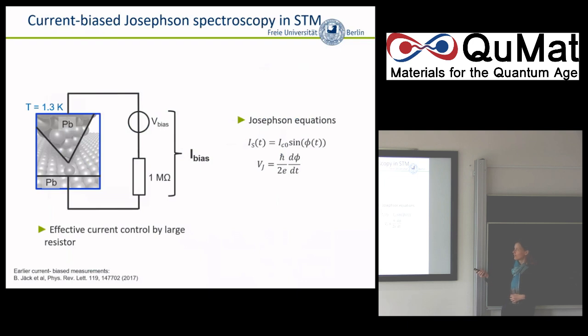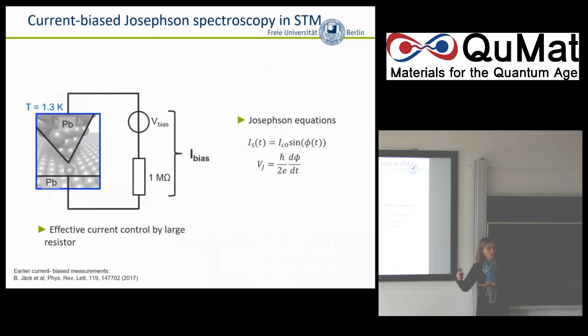So the supercurrent itself, here you have some critical current, but it's a sinusoidal function of the phase difference between these two condensates. But once you apply a voltage, you change this phase difference all the time. So you can't say anything about this phase dynamics of the Josephson junction, then you can't say anything about any kind of supercurrent. Because if this changes all the time, then basically you're stuck. So you don't want to change your bias voltage.